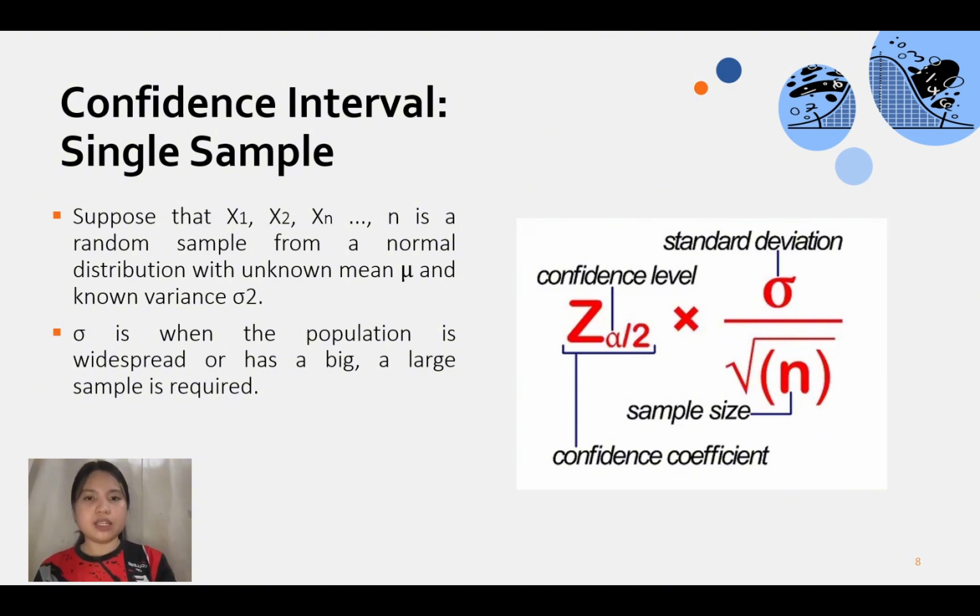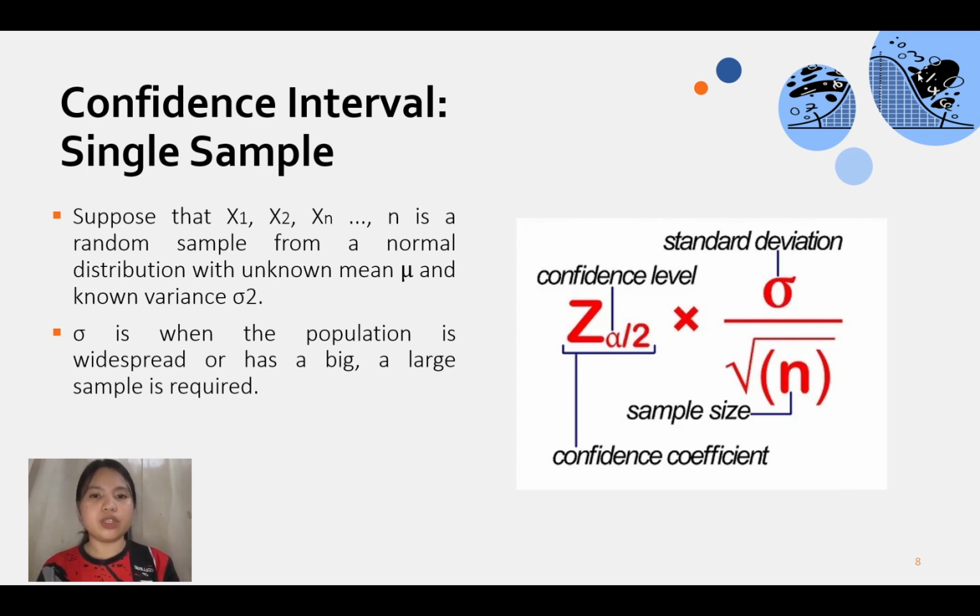Confidence interval, single sample. Suppose that x sub 1, x sub 2, up to x sub n is a random sample from a normal distribution with a known mean mu and known variance sigma squared. We have the formula for the single sample where z is equal to x bar minus mu over sigma over square root of n.